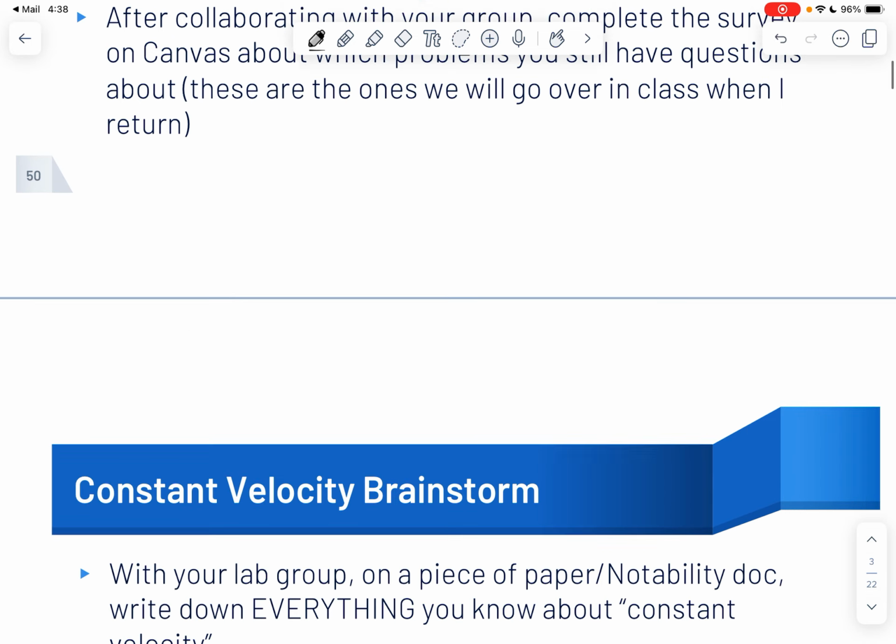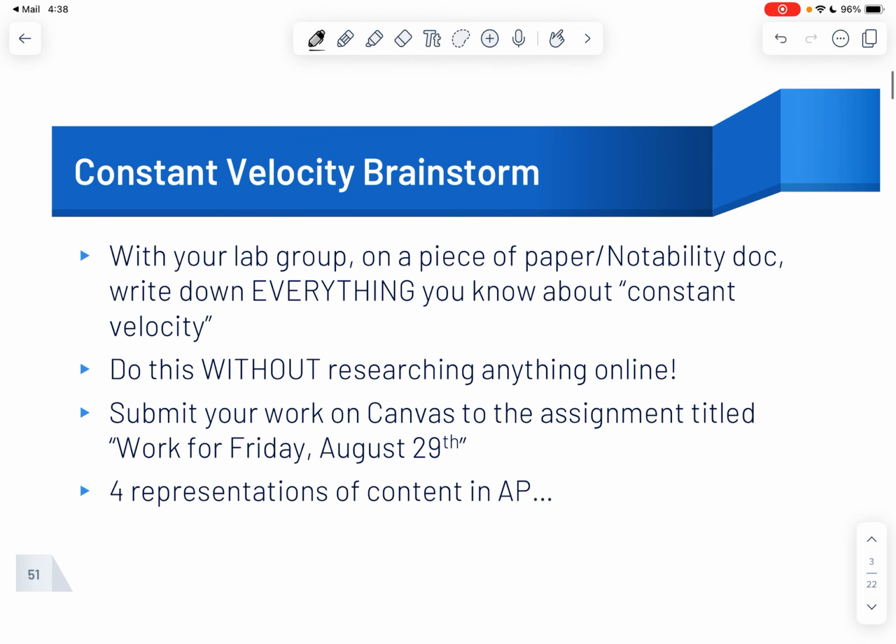The second thing is, in that lab group, we're going to ask you to, either on a piece of paper or a Notability doc, basically something that you can take a photo of and submit to Canvas, jot down and brainstorm. Basically, we want you to write down everything that you can think of that deals with the concept of an object traveling with a constant velocity.